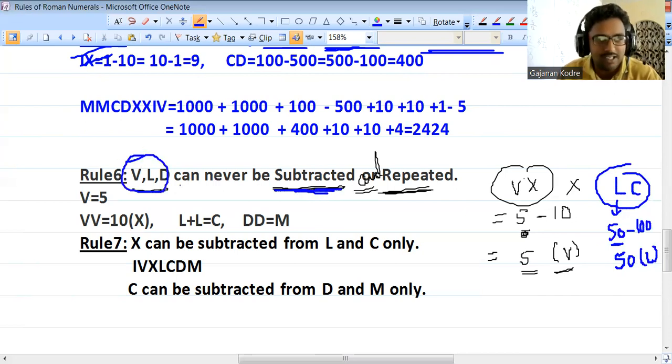There is a very good trick for this. V means 5, L means 50 and D means 500.